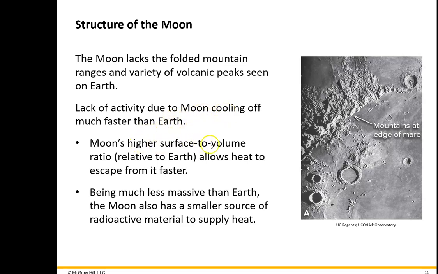It has a higher surface to volume ratio. Remember, we talked about that with the Earth. The Earth has a very large volume compared to its surface area, and so it retains the heat much better. Since the moon is much smaller, it doesn't have as much radioactive material inside of it, and so that source of heat has died down. There's just not as much of it.